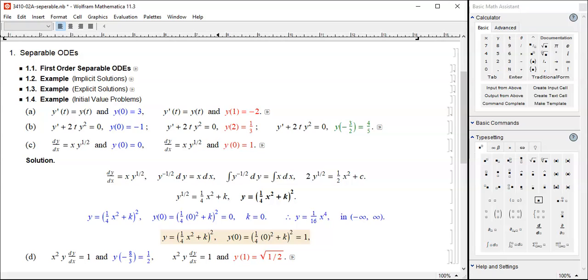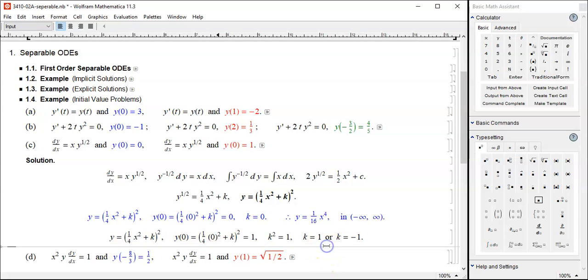Okay, all right. So k squared is equal to 1, isn't it? Is that right? So k is either 1 or k is -1. All right.